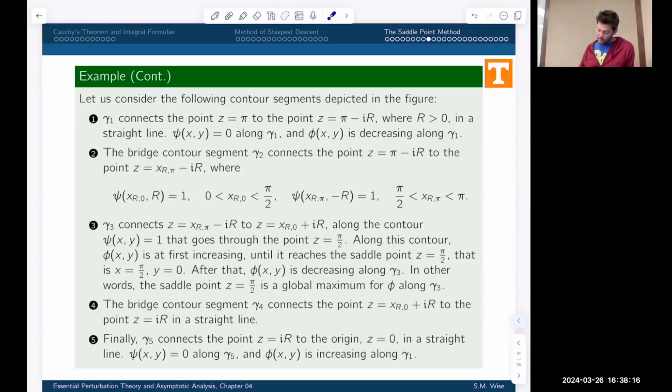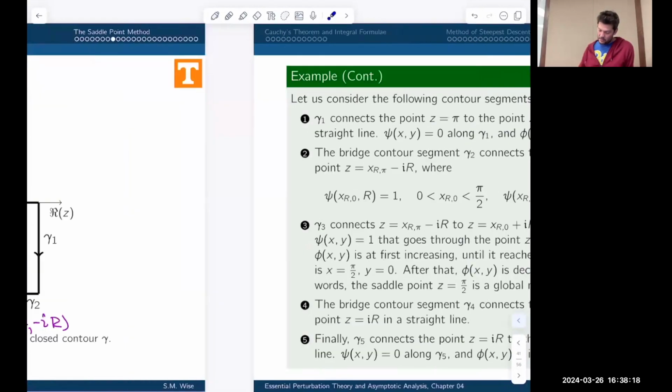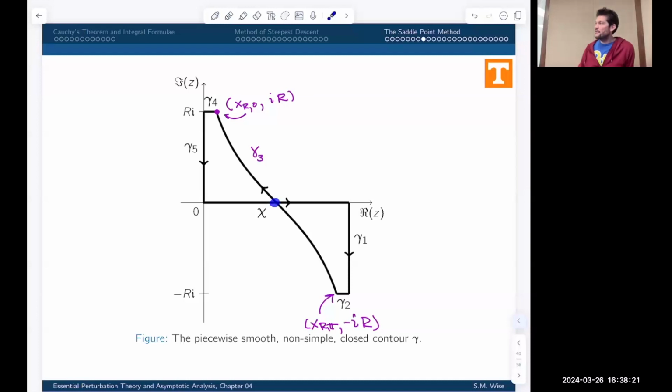And as we said, we're going through a saddle point. This is exactly a saddle point of phi. So we're going from a low point up, up, up in phi. And then we cross the saddle point and then we're going back down.